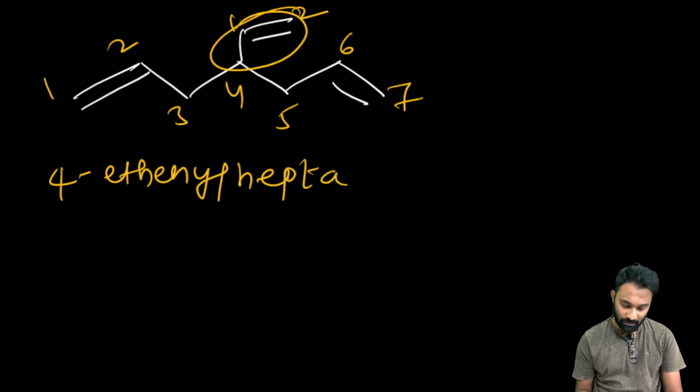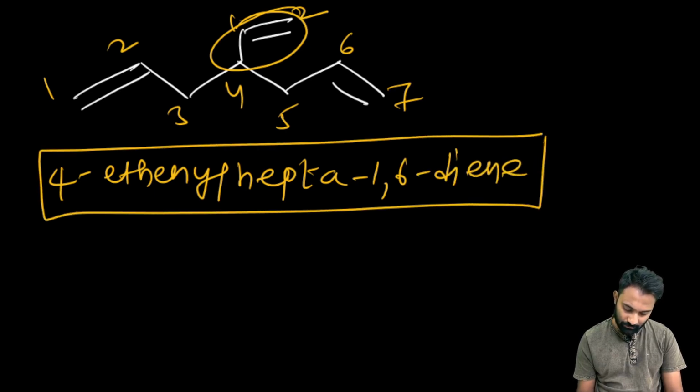This is hepta. Clear? 4-ethenyl hepta-1,6-diene. Clear?